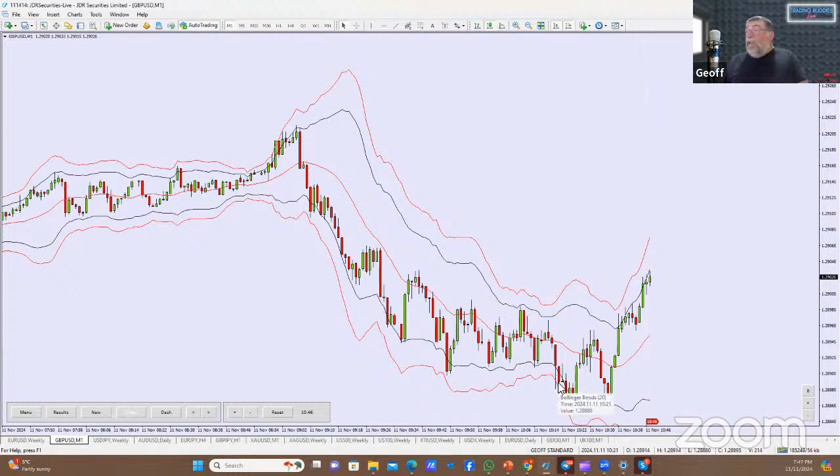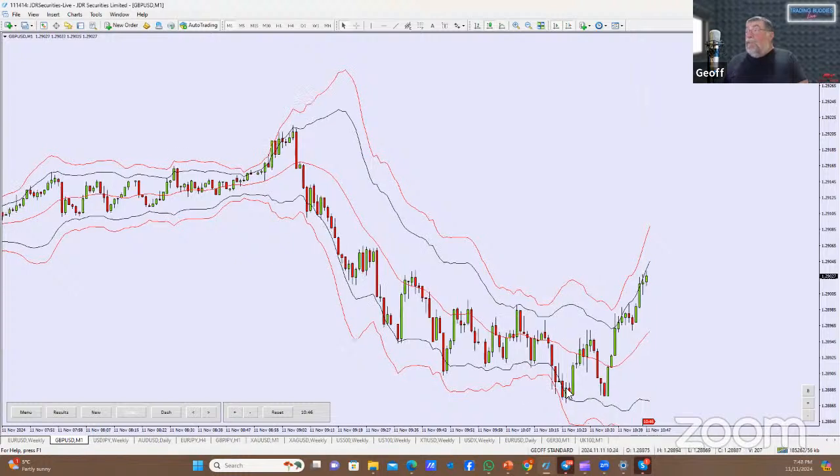We did it again here, closed pretty close to it, but no close above the 2 standard deviation line until right there. But we'd gone below our low, or the point of contact on the 3, right?